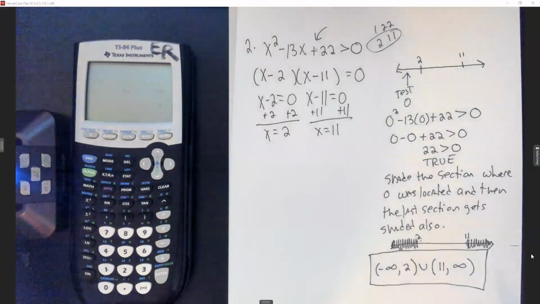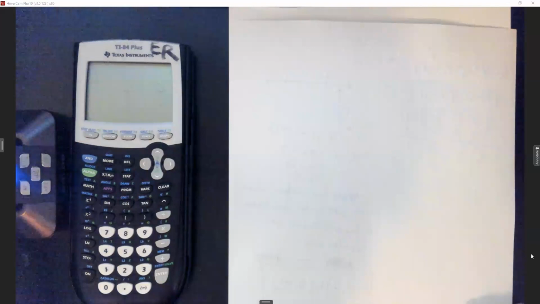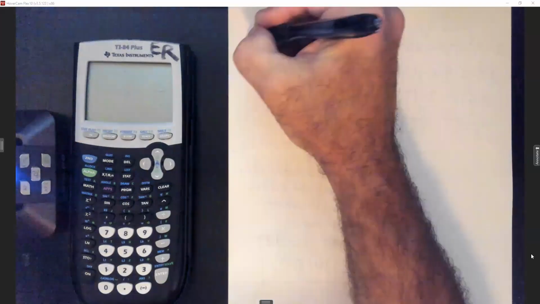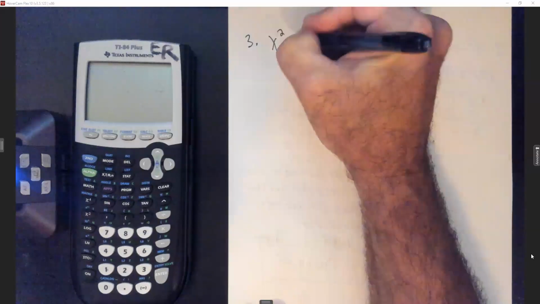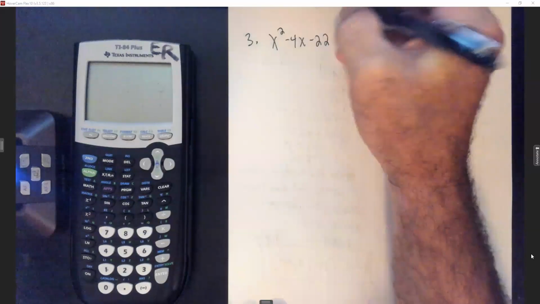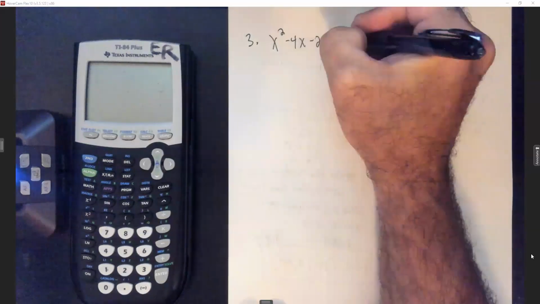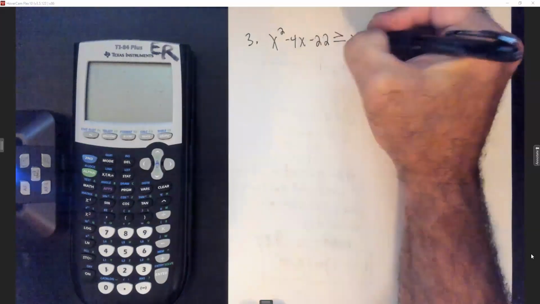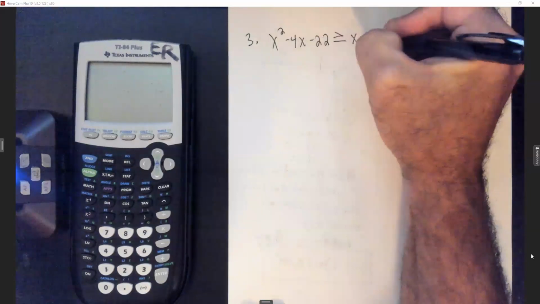All right, let's try this third one. I got an x squared minus 4x minus 22 is greater than or equal to x minus 8.